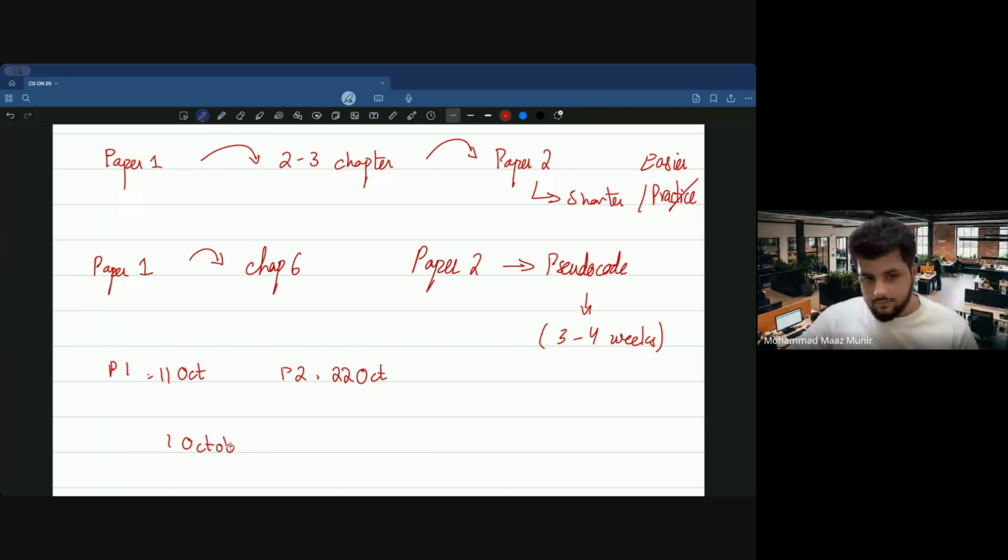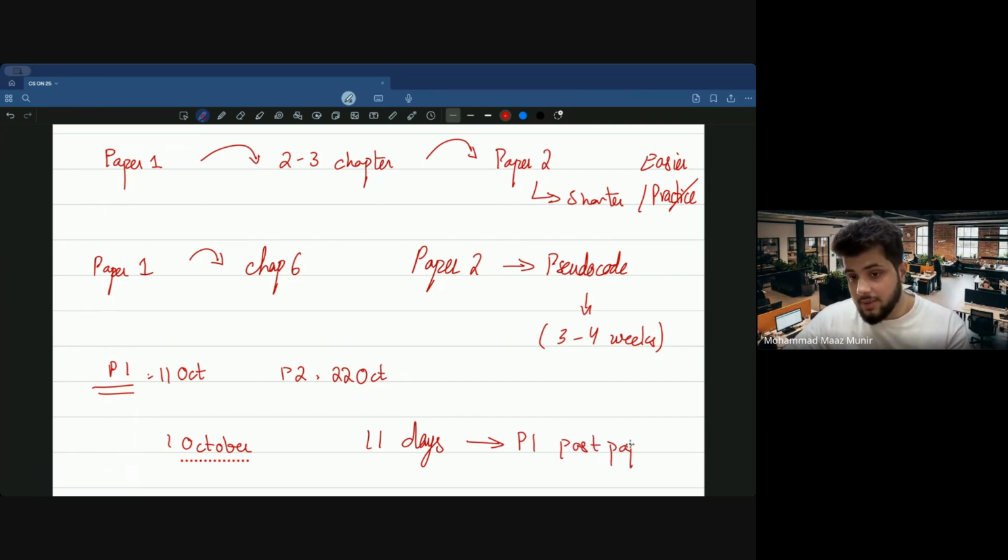Once we are done with the course, if you are aiming for your October-November examination, for the first 11 days after finishing the syllabus, we will be doing only past paper and topical practice for P1 topics. Just imagine 11 days of P1 past papers and also topicals.